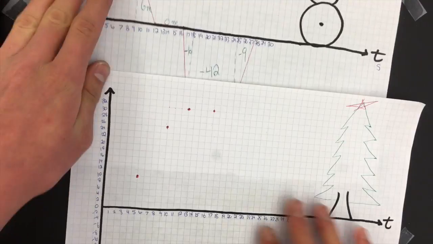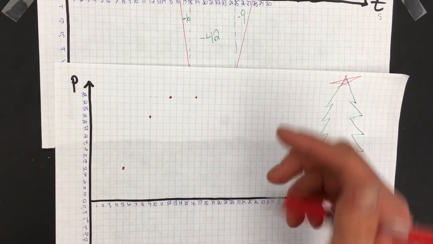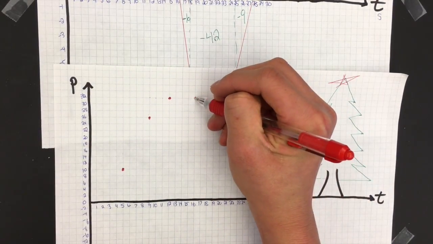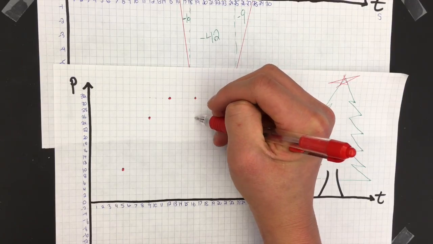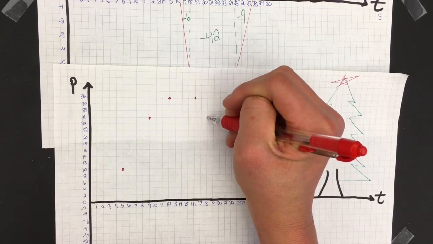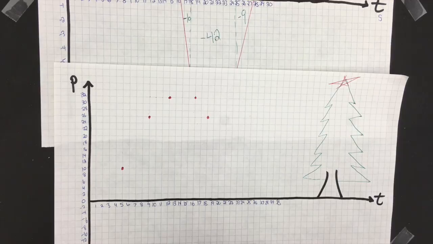Okay, now it gets interesting. So now it's going to go negative 6 in 2. So it's going to go from 32 back to 26, but in 2. So it's right here. And then it's going to negative 42. So, oh my gosh, 26, 42. Probably going to mess up this math.